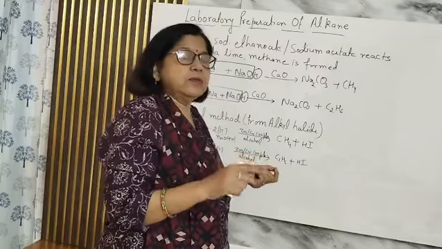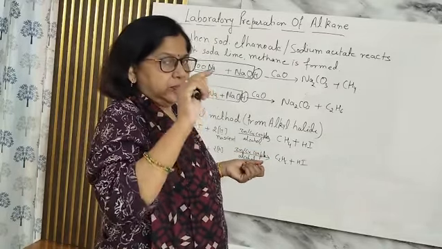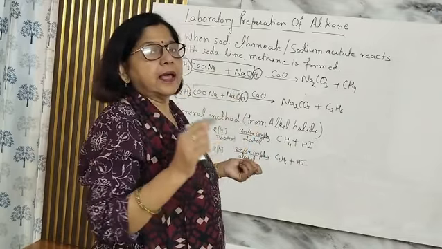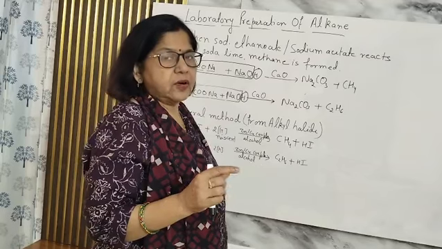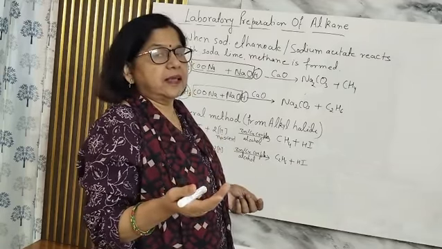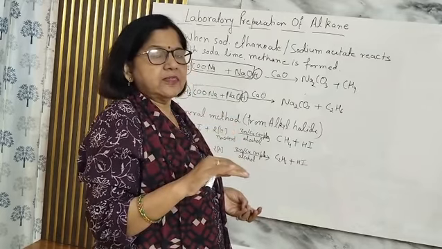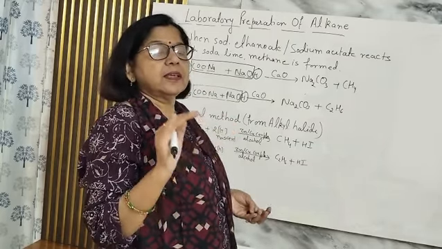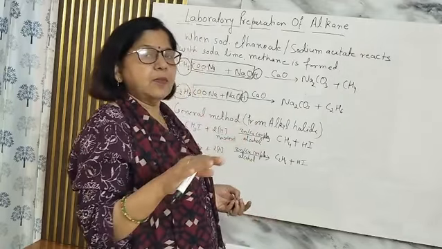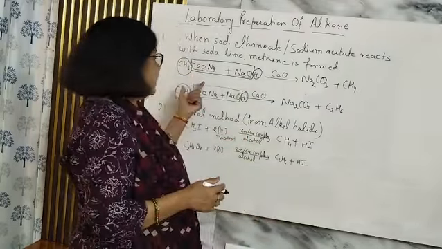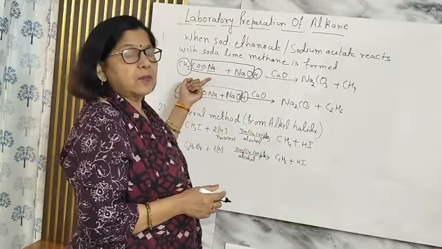There is one more important question over here: this is called a decarboxylation reaction. What is called a decarboxylation reaction? De means removal. Decarboxylation means removal of the carboxylic acid part. Right. So how come it is decarboxylation? You see here, as I told you just now, COONa is the part of carboxylic acid.